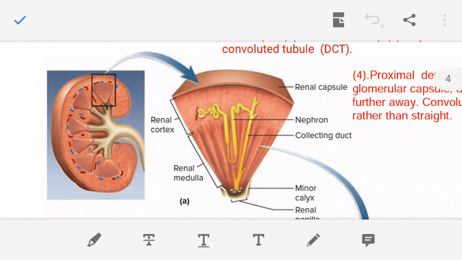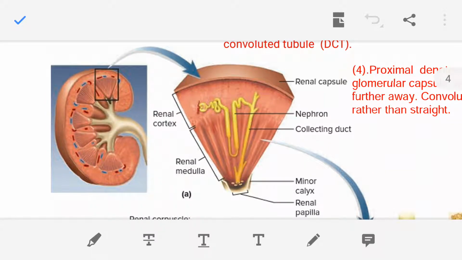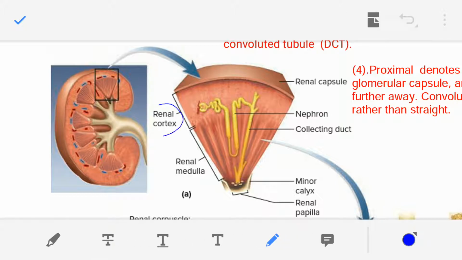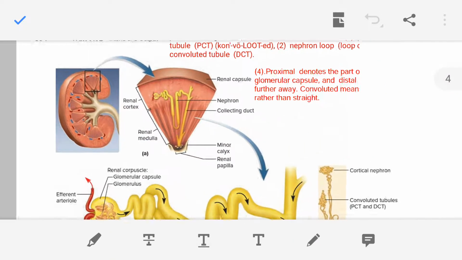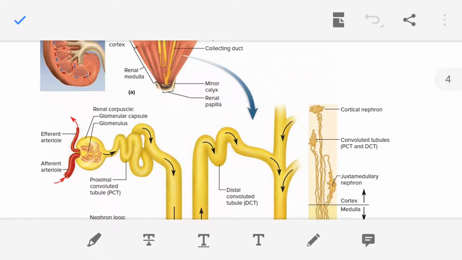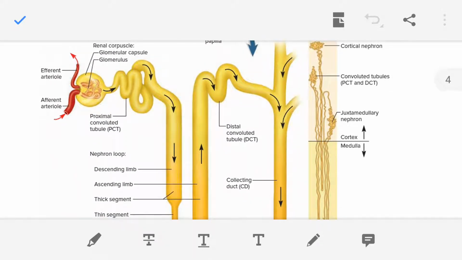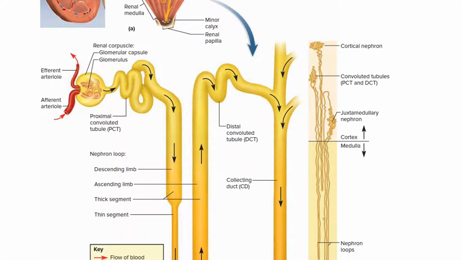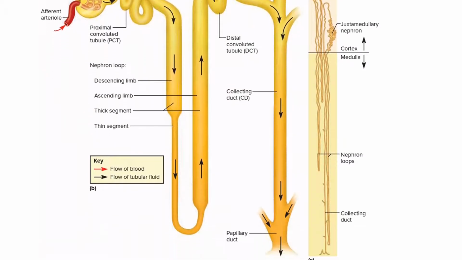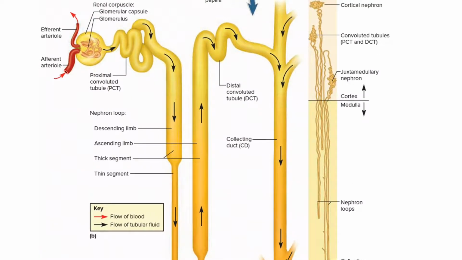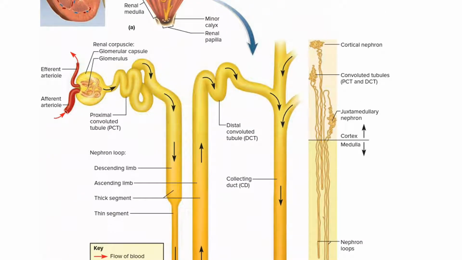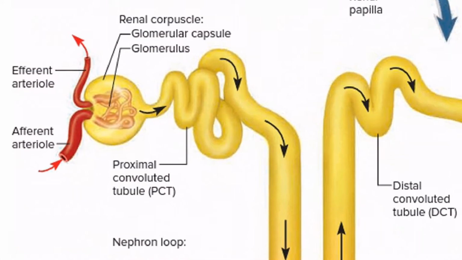Here, first of all, you see the arrangement of where exactly the nephrons are present. This is the renal cortex, then this is the renal medulla, the pyramid part, and this yellow color is the entire nephron they are showing. Now we are enlarging that nephron. On screen, this is the entire nephron.